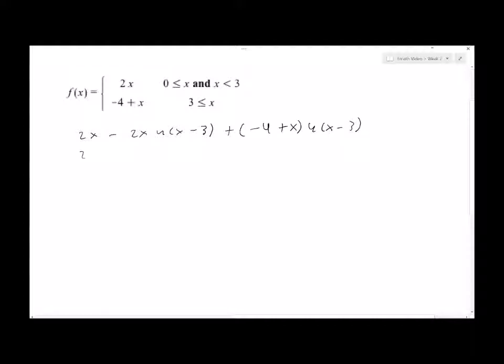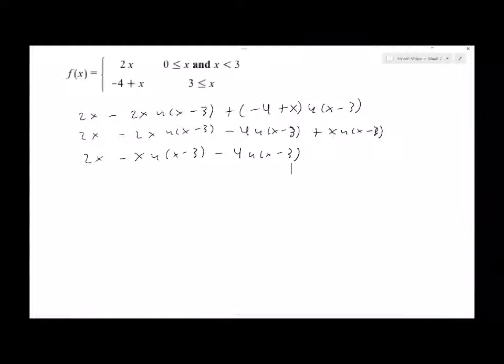So let's distribute just to make our life a little easier. Minus 4u of x minus c plus x u of x minus c. Alright, so 2x minus x u of x minus 3 minus 4 u of x minus c.